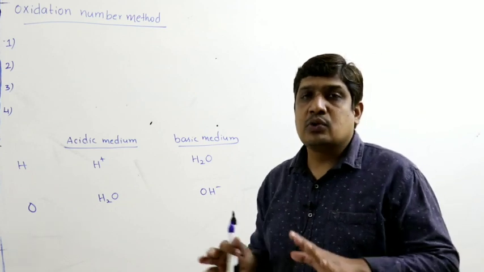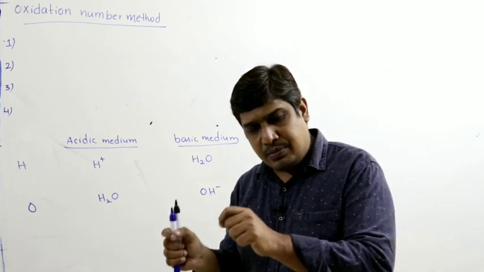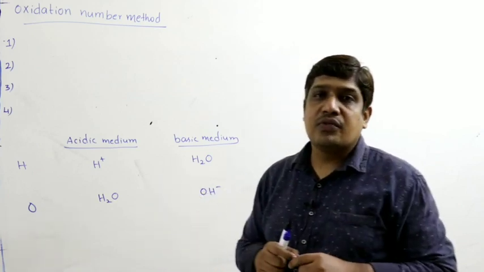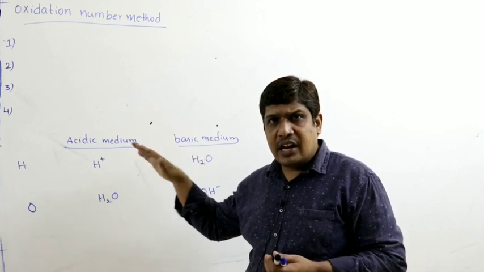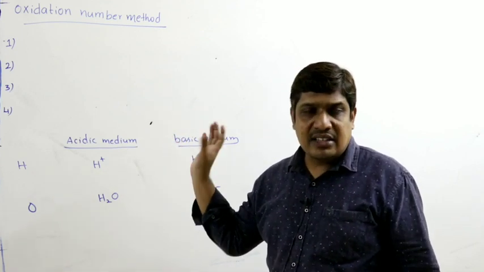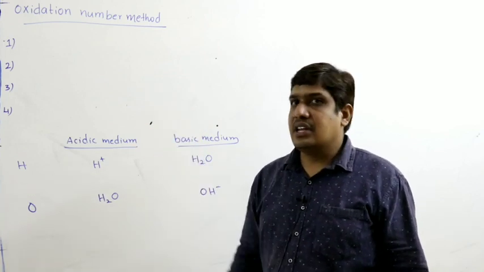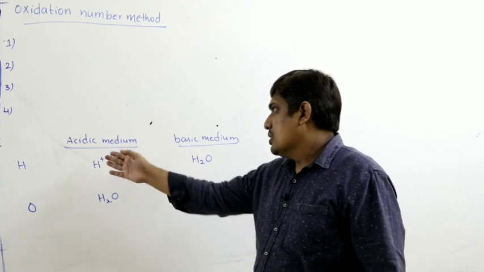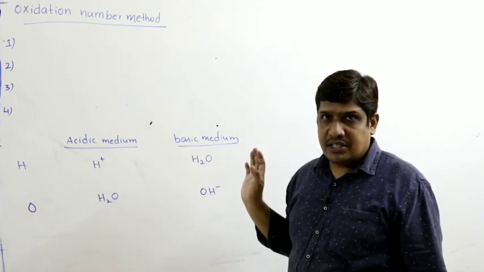We are multiplying with a suitable number so that the number of units change in oxidation becomes equal to the number of units change in reduction. Then balance any other atoms which are not balanced by hit and trial method. By adjusting the coefficients you can balance other atoms except oxygen and hydrogen. To balance hydrogen and oxygen you have to see whether it is acidic medium or basic medium.